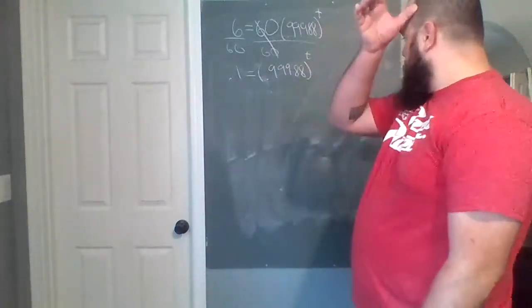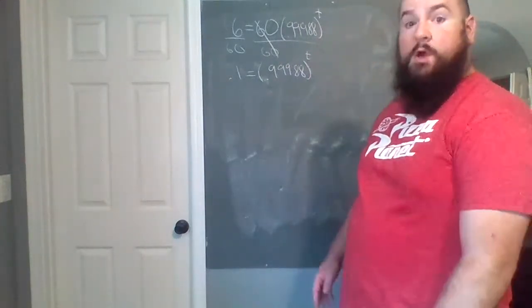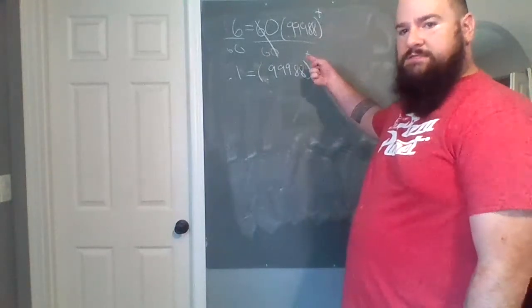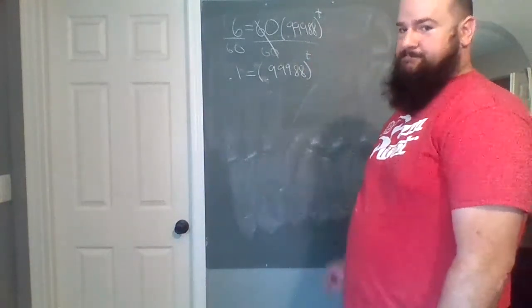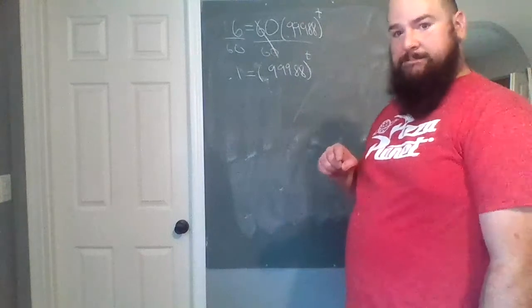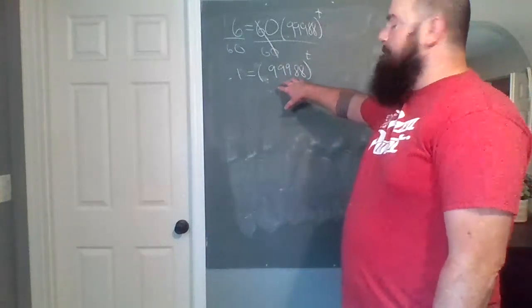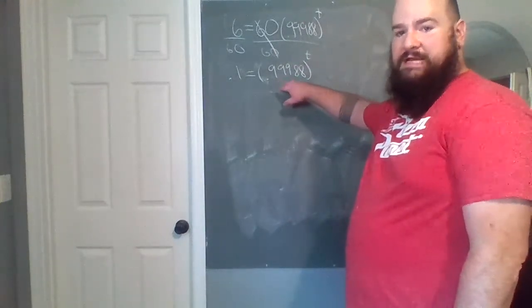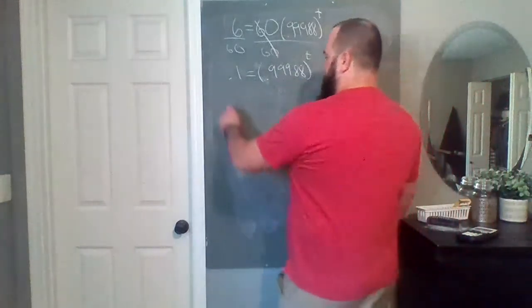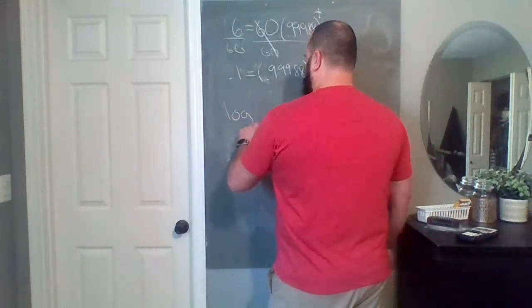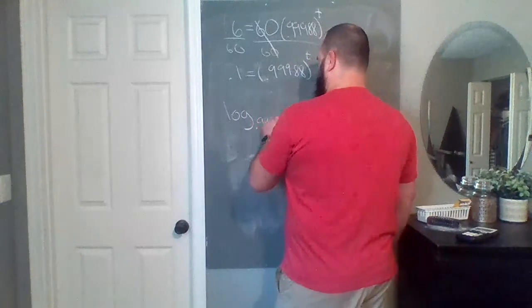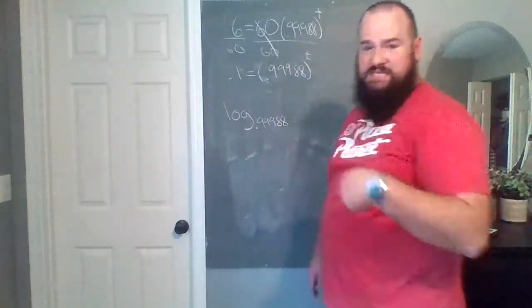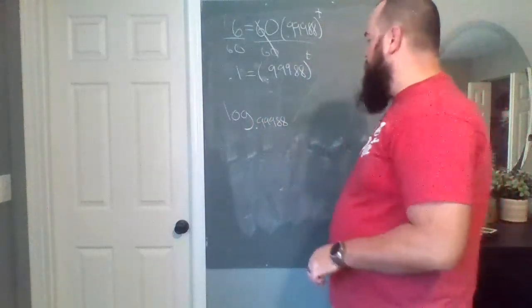Okay. What do I do? Oh, that's right. If the variable is in the exponent, logarithms. So the base of my logarithm is going to be this 0.99988. So it gives me log base 0.99988, which is really just the A value that we have stored in our calculator.